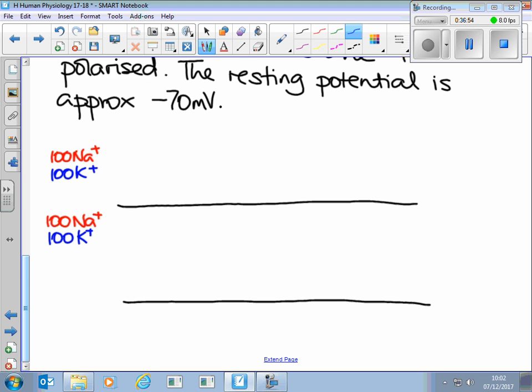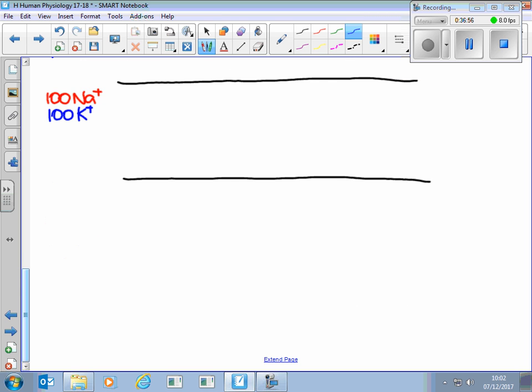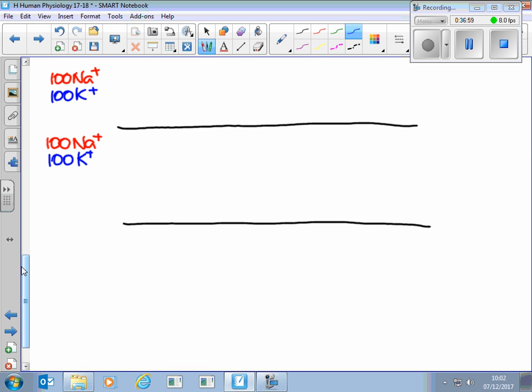So the first thing that we need is our sodium-potassium pump. And we're going to exchange 3 sodium out for 2 potassium in. But I'm going to multiply that up a bit. I'm going to move 60 sodiums out of the cell.